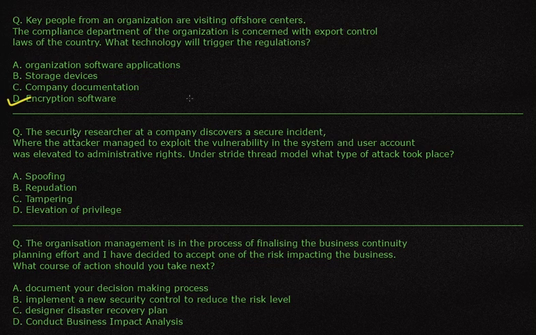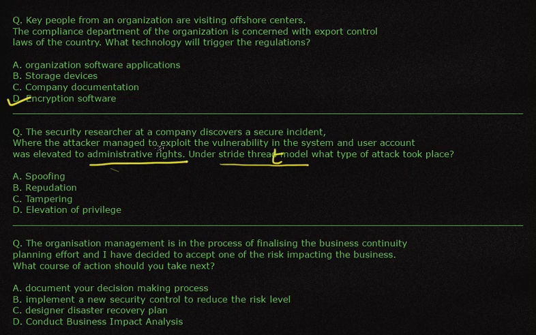A security researcher at a company discovers a security incident where the attacker managed to exploit a vulnerability in the system and the user account was elevated to administrative rights. This is a threat model question. What type of attack took place? Here the question mentions that the attacker managed to exploit the vulnerability in the system and the user account was elevated to administrative rights.